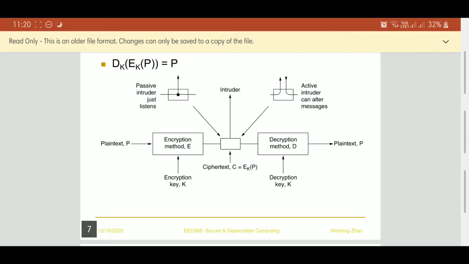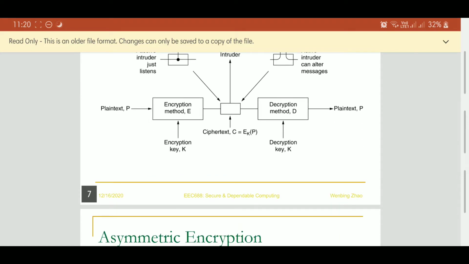We will call it C, which will become E of K of P. And it will again decrypt the message. First it will encrypt the message, then it will become ciphertext, and on ciphertext it will apply the decryption method that will be called D, and then again it will give the plain text, the same text as we have given in the earlier stage.